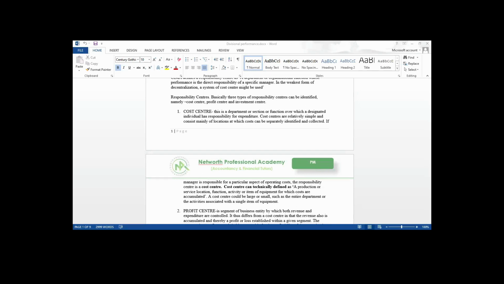Technically, a cost center can be defined as a production or service location, function, activity, department, or item of equipment for which costs are accumulated. A good example is the admin department.